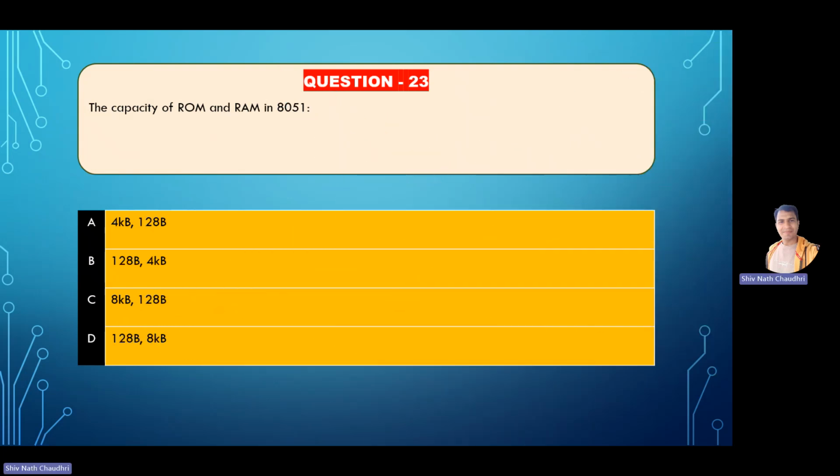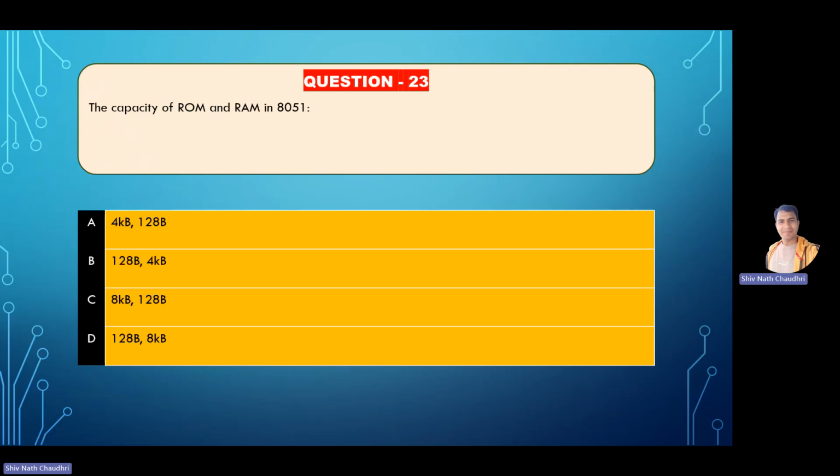The next question is the capacity of read-only memory and random access memory in 8051. So what is the combination? Option A is 4 KB, 128 byte, and option B is 128 byte and 4 KB. Option C is 8 KB, 128 byte, and D is 128 byte and 8 KB. Okay, so the capacity of ROM and RAM in 8051.